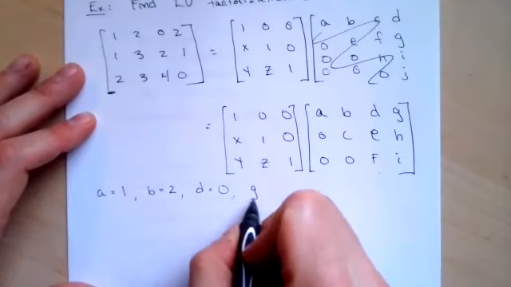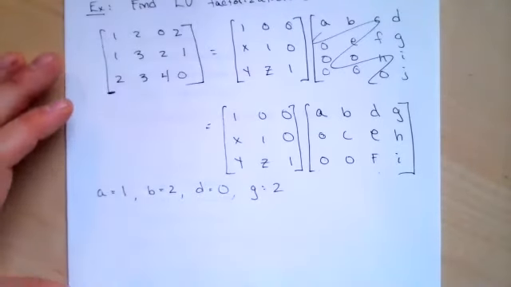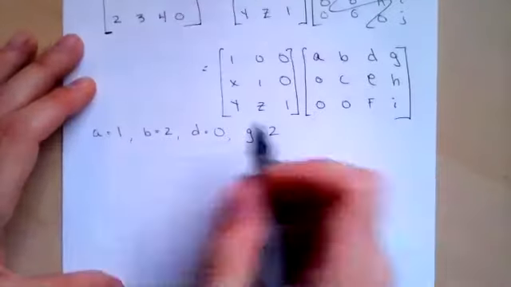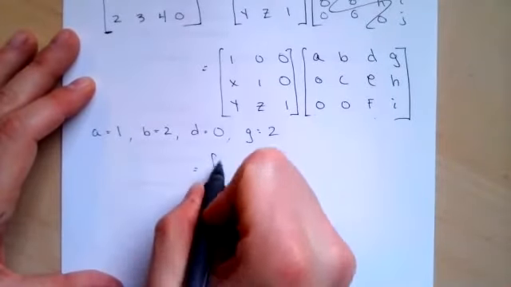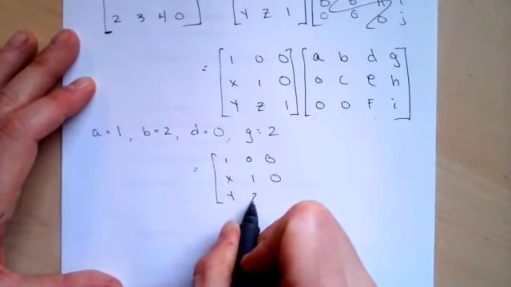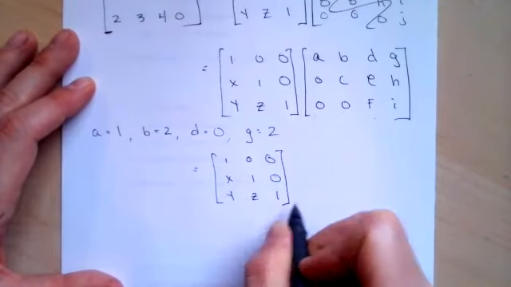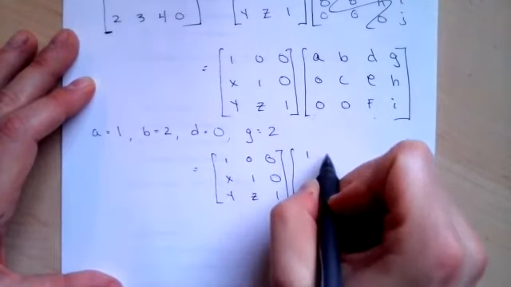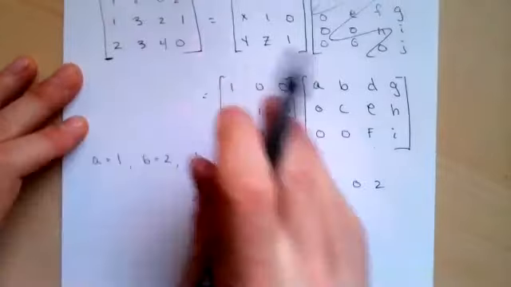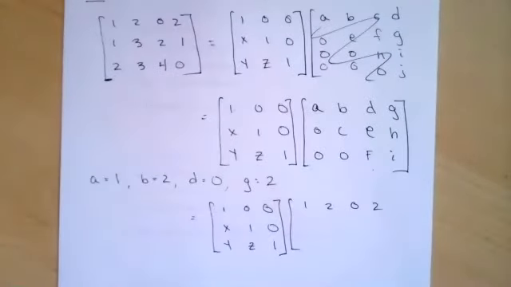And then G has to be 2. So we get those variables pretty easily, just from essentially the first row.